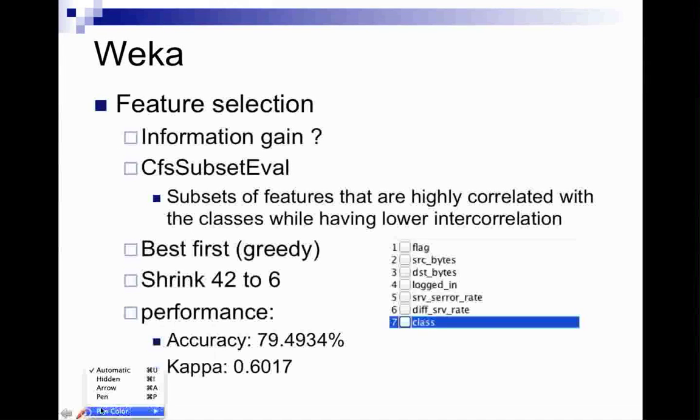So I choose the subset evaluation. It just chooses the subset of features that are highly related with the classes, while having lower intercorrelations.